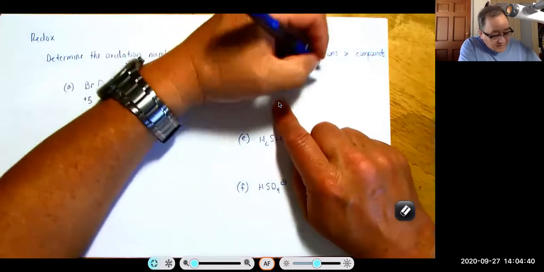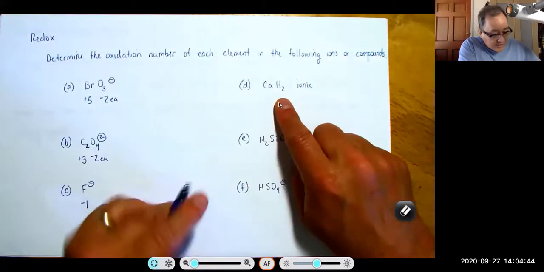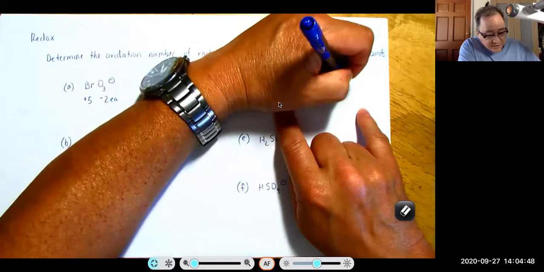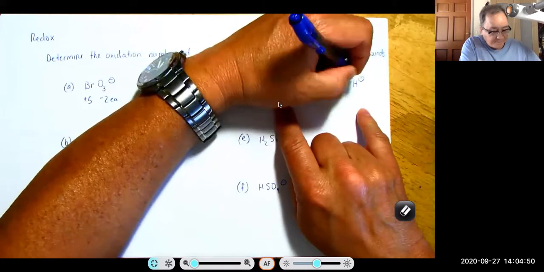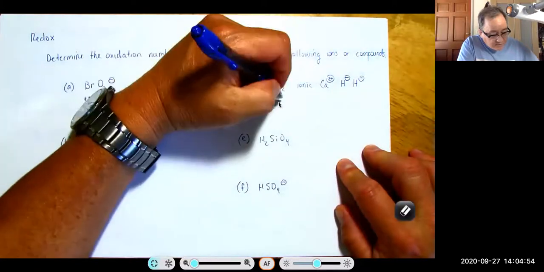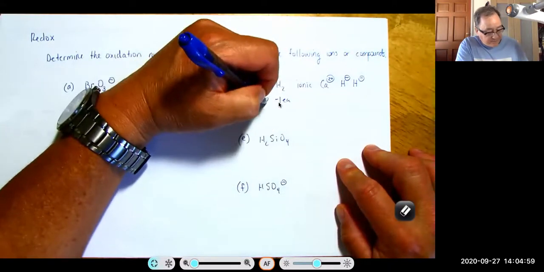Well, this is ionic. How do I know? Metal, non-metal. So that means that this must be calcium 2+. So what do each of these hydrogens have to be? -1. So what is the oxidation number on the hydrogen? -1 each. The calcium, +2.